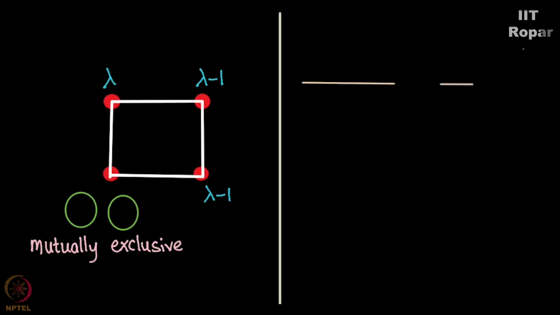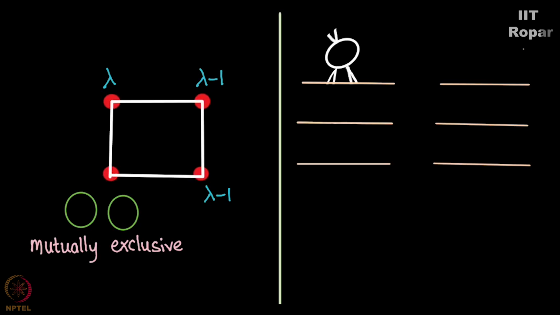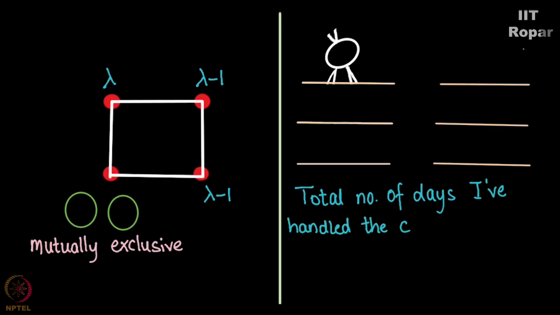So, assume I am taking attendance in my classes and you are my student. And I now want to compute the total number of days I have handled my class, which means total attendance. So what I can do is I will look at total days I have handled the class in your presence in my class. Assume you are this front bencher.